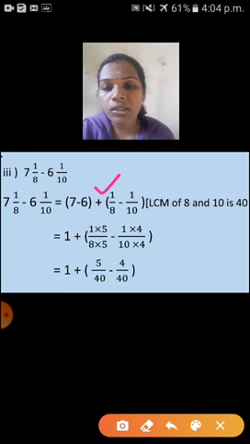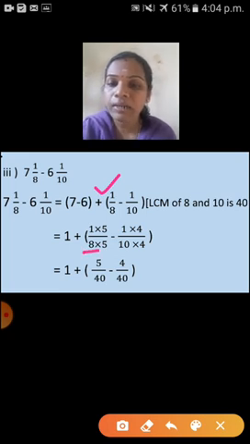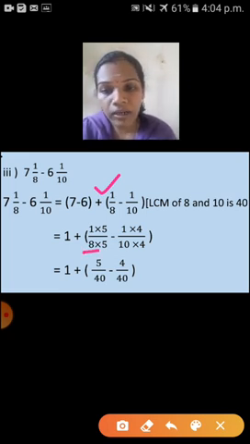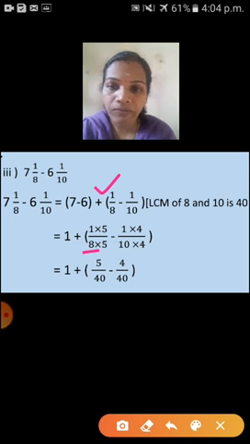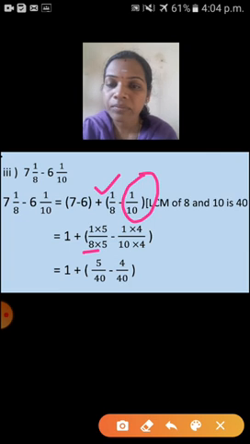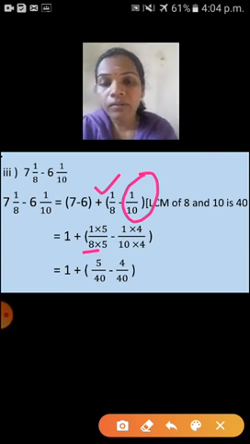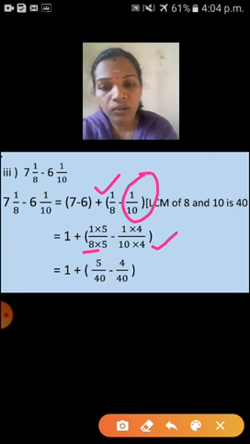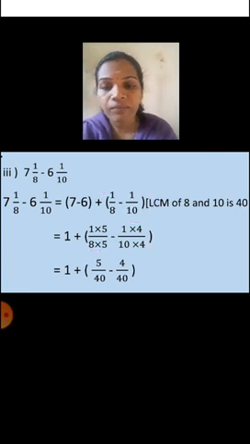So first step we have seen 1 plus 1 into 5 upon 8 into 5 minus the second fraction, 1 upon 10. Which number will come here? 40 will come. For that you have to multiply with, yes, 10 4s are 40. So 4. Numerator and denominator you have to multiply with 4. So 1 into 4 upon 10 into 4. Understood the second step? Yes, very good.